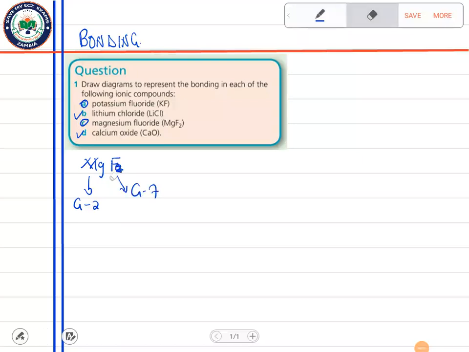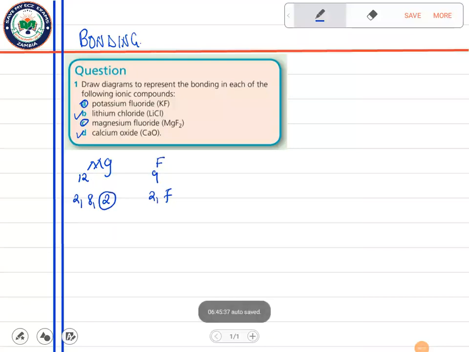Remember that. Let me do this for you. So magnesium is 12 here, and fluorine we said it's 9. So the configuration for magnesium is actually 2, 8, 2. Fluorine is 2, 7. So magnesium has to lose these 2 electrons.